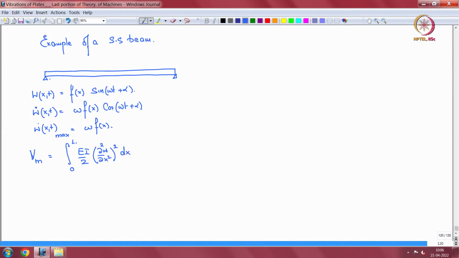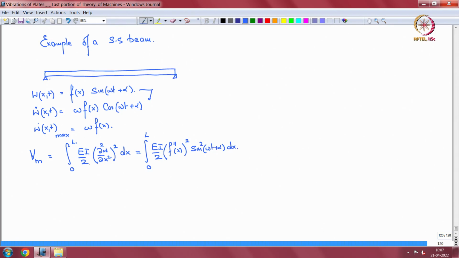If I bring in this function, that is equal to the integral from 0 to L of E I by 2 times f double dash of x whole squared times sine squared (omega t plus alpha) dx.